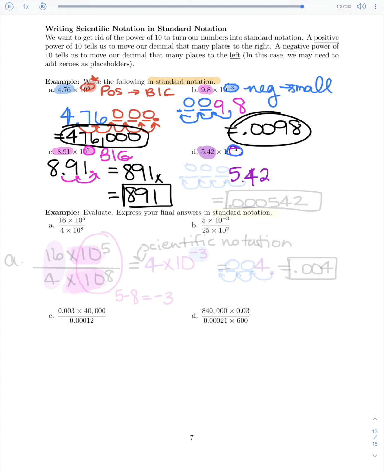So moving it to the left 4 units would go 1, 2, 3, 4 units to the left, and then all of our empty spaces, which there's 3 of them, would get filled with zeros. So what this gives us is now a very small decimal of 0.000542. And that's our final answer.